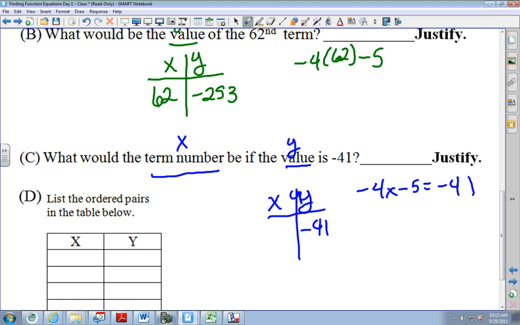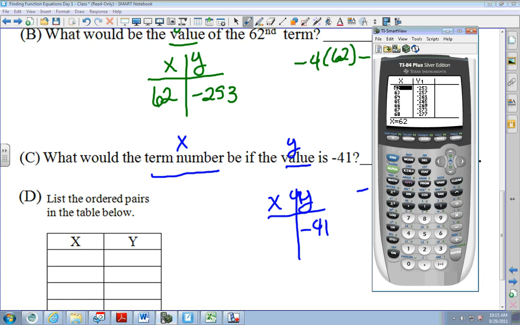Or you go in your calculator and look and see. Put in there 0, second graph, look and see where it's negative 41. Oh, I missed it. All right. It is 9, so my answer is 9.